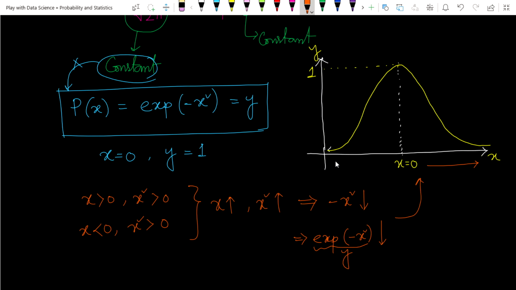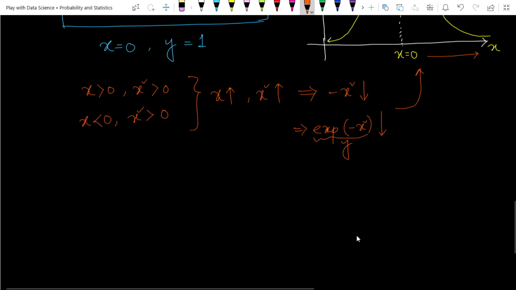If we move further, our y value is reduced exponentially in quadratic form. Just write down the observations.